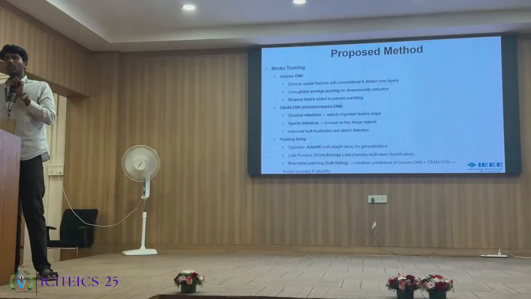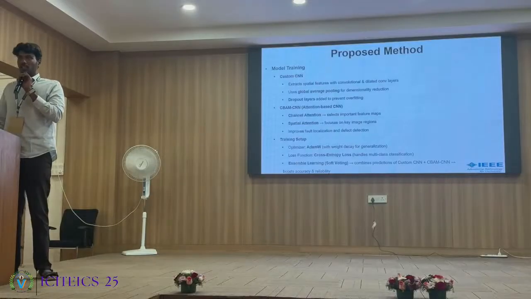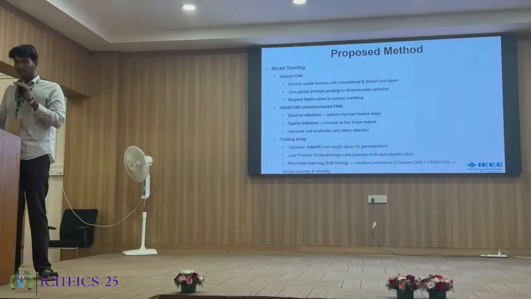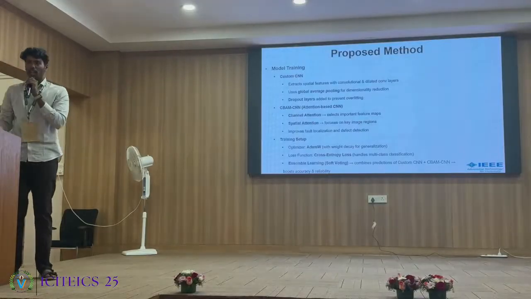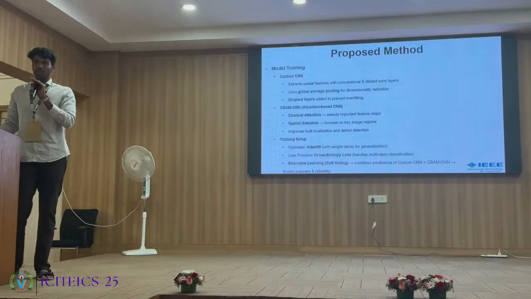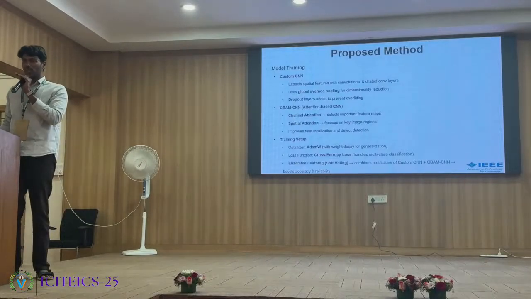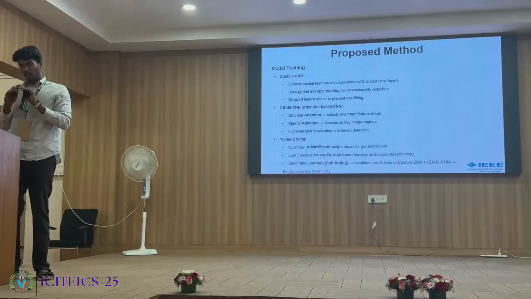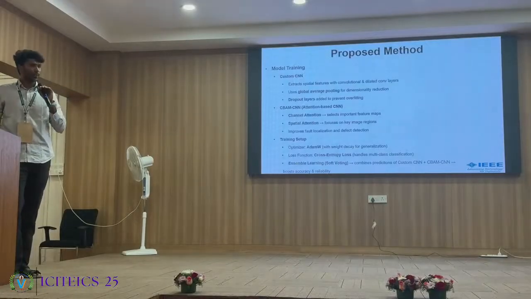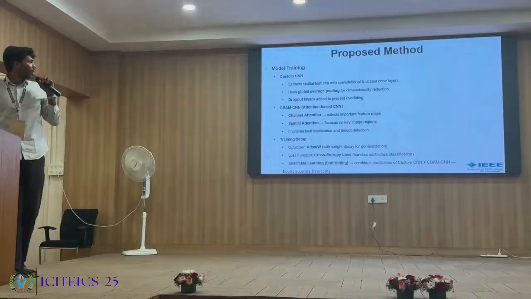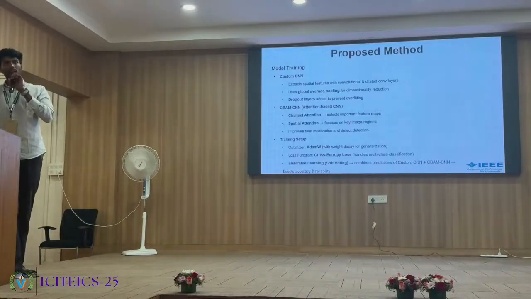Suppose our images need vast data or need to be focused on a vast area of the images. So we have introduced dilated convolution layers, not only the basic convolution layers. Dilated convolution layers in CNN focus on data so that the defect area will be noticed in detail, and we use global average pooling.